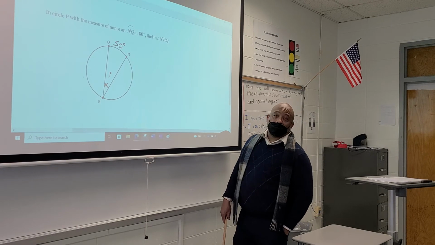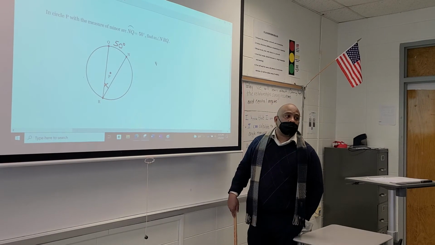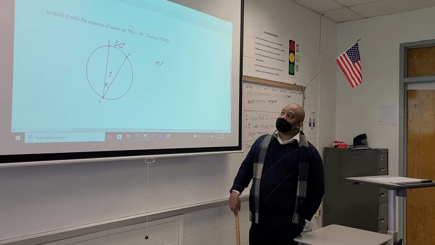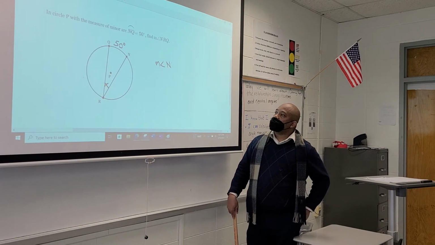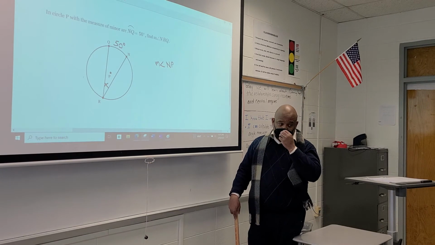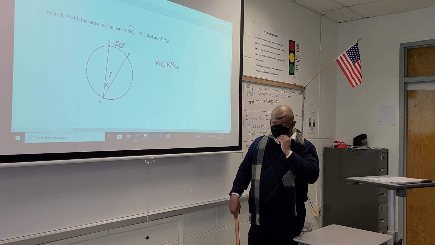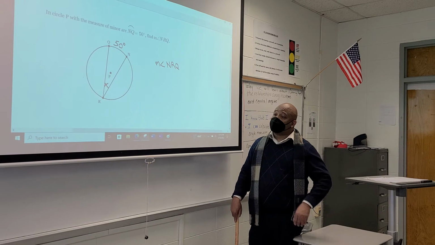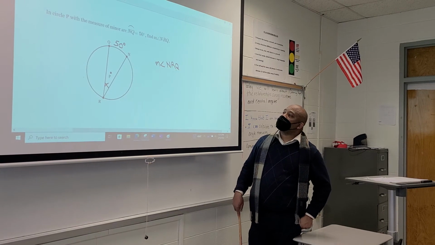Why? Because it's not a central angle, so we have to divide by 2. So what's the rule? What type of angle is this?